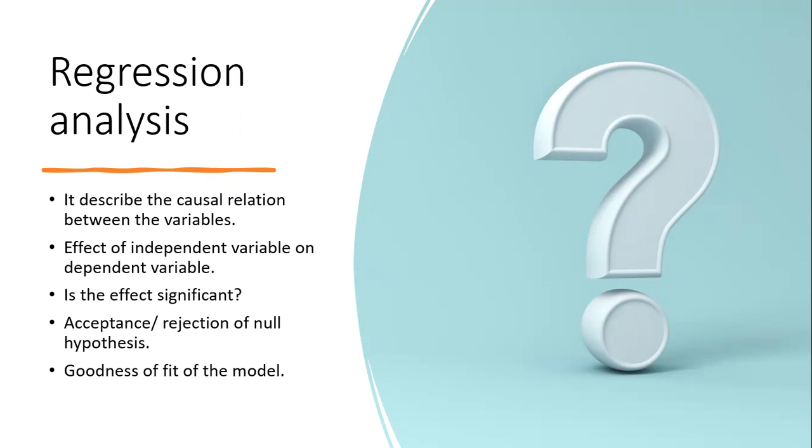And once you have decided about the statistical significance of the effect of the variable, you can also determine the acceptance or rejection of the null hypothesis, which you have already generated while conducting the literature review. And the last one, you can also determine the goodness of fit of the model.